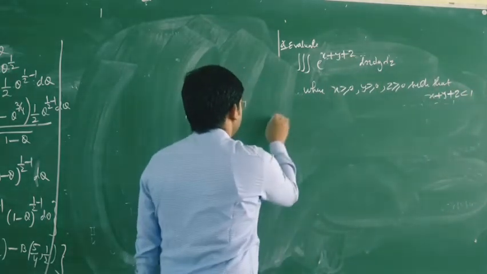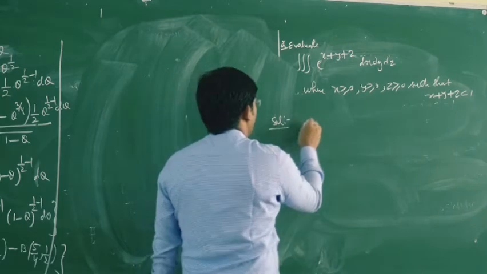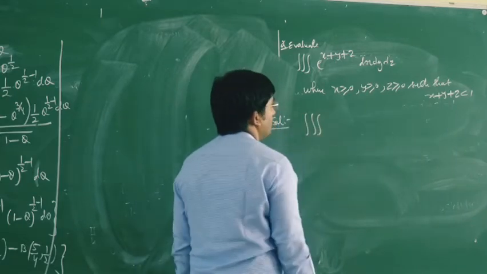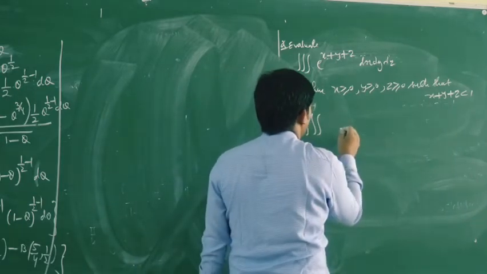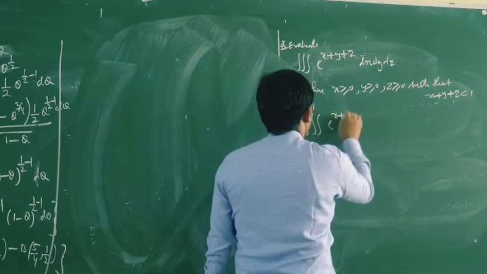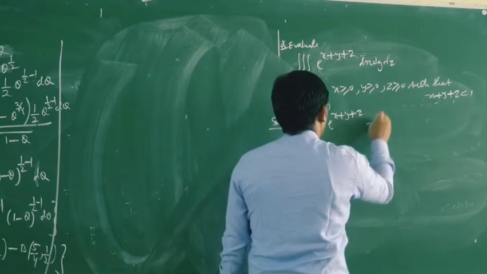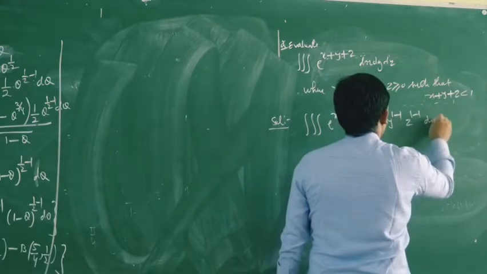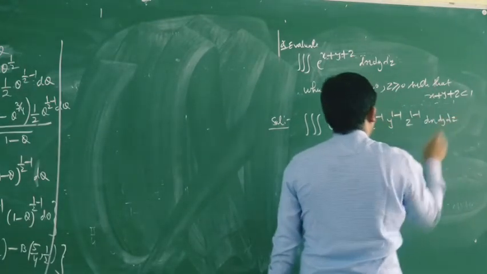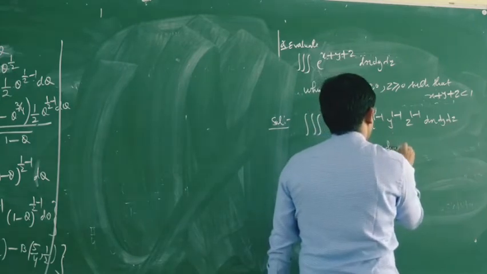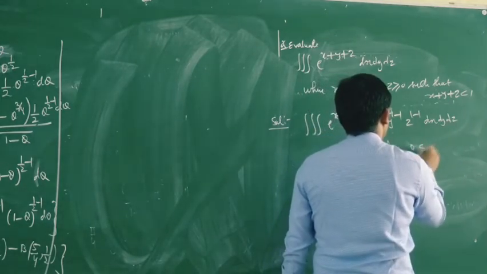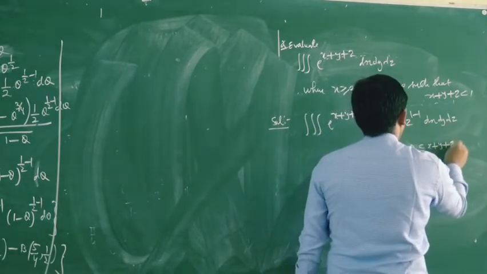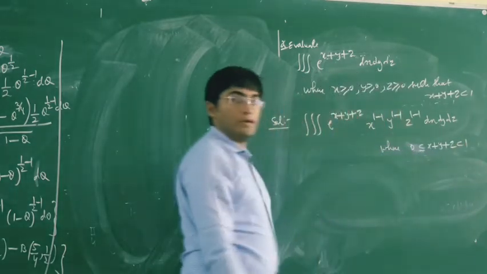So solution, again this triple integral can be written as x power 1 minus 1, y power 1 minus 1, z power 1 minus 1 into dx dy dz, where x plus y plus z will be from 0 to 1.